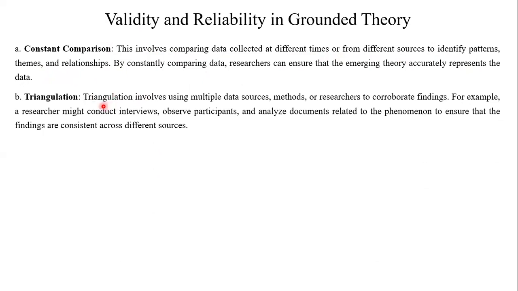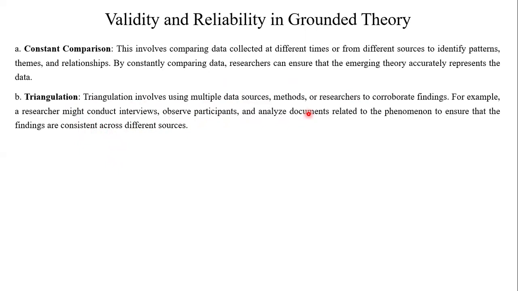The second thing that you need to understand for validating your grounded theory results is triangulation. So what does it mean? What is triangulation? So triangulation involves using multiple data sources, like you collect data from a number of sources or a number of procedures. Like you collect some data through interviews, you collect some data through observing the participants, you analyze documents, you conduct focus group discussion.